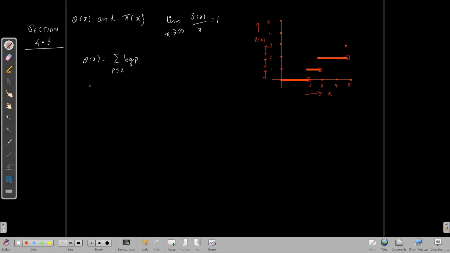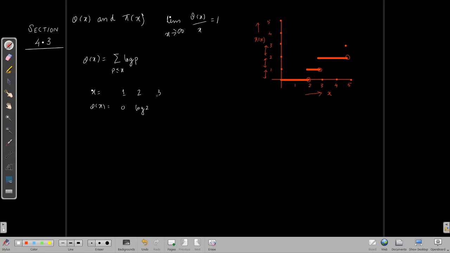Okay, so I take x here and theta of x here. If x equal to 1, there is no prime, so we take the value as 0. At the point 2 we have 1 prime, that is 2, so the value is log 2.